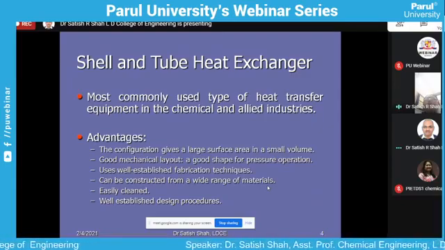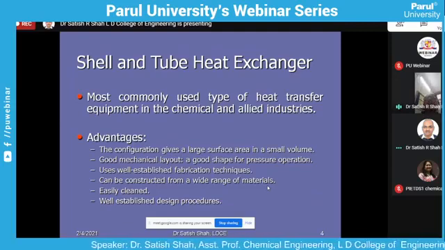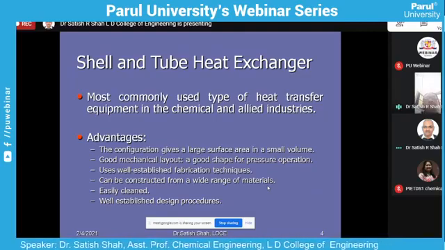The configuration gives a large surface area in small volume. In detail we'll see later on, but just now you should know that we have a good mechanical layout, a good shape for pressure operation, because we have to maintain some pressure also in the shell or in the tube. So this is the best design.